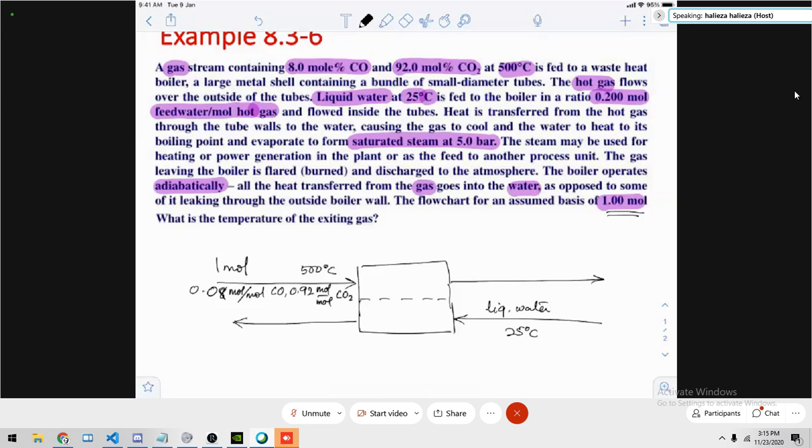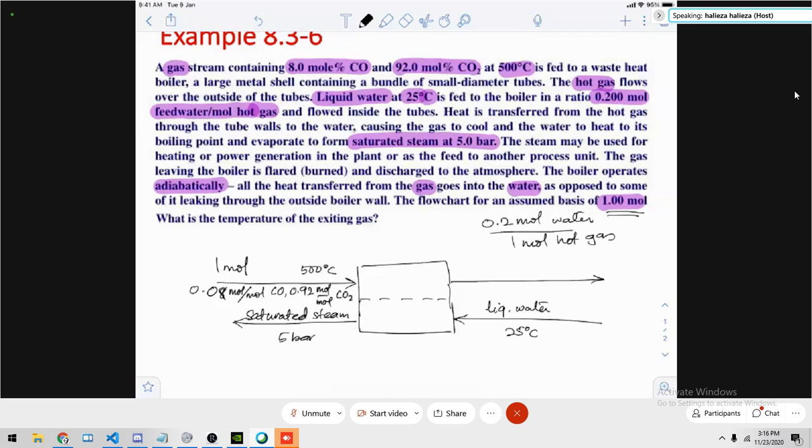What else do we have? The outlet of the water is going to be saturated steam, given in the statement at 5 bar. What else? The ratio: you are given 0.2 mole of water to 1 mole of hot gas.